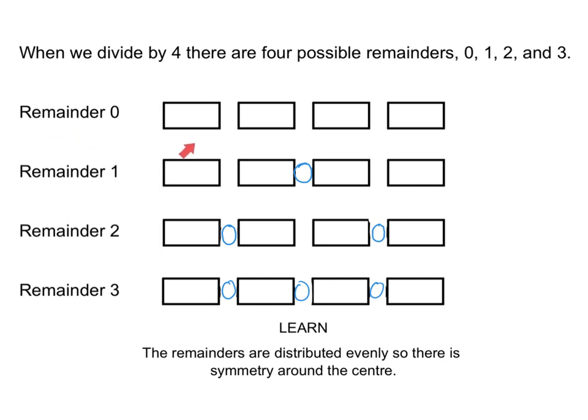If there's a remainder of 0, no circles anywhere; a remainder of 1, a single circle in the middle of your 4 boxes; a remainder of 2, 1 here and 1 here; and a remainder of 3, you put 1 remainder here, 1 here, and 1 here. Because these are quartiles, there will always be this idea of splitting the data into 4 equal parts, so your diagram or working will always have 4 boxes.